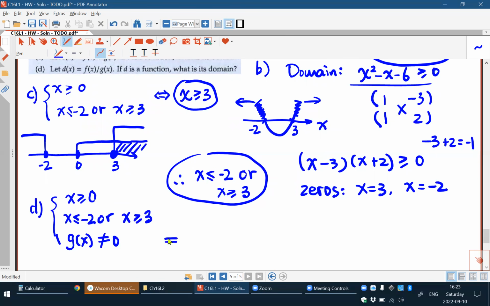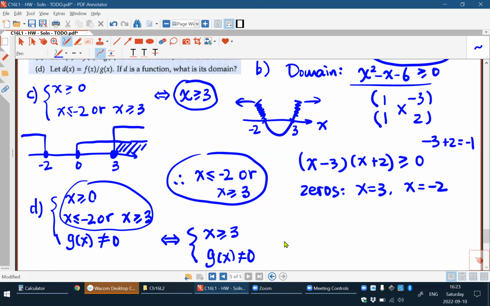Okay, so next is to simplify this expression. The common area of the first two we have already solved, which means x must be greater than or equal to 3, right? Second, g(x) cannot be 0. What is g(x)? g(x) is this one, right?